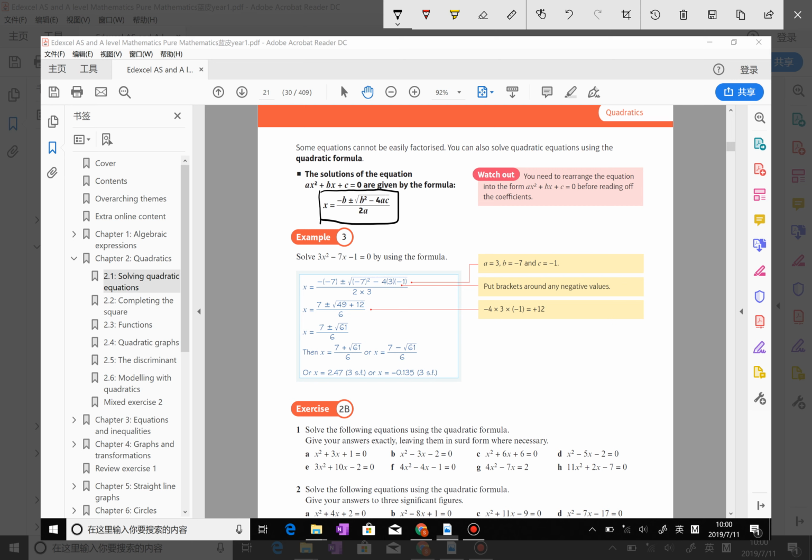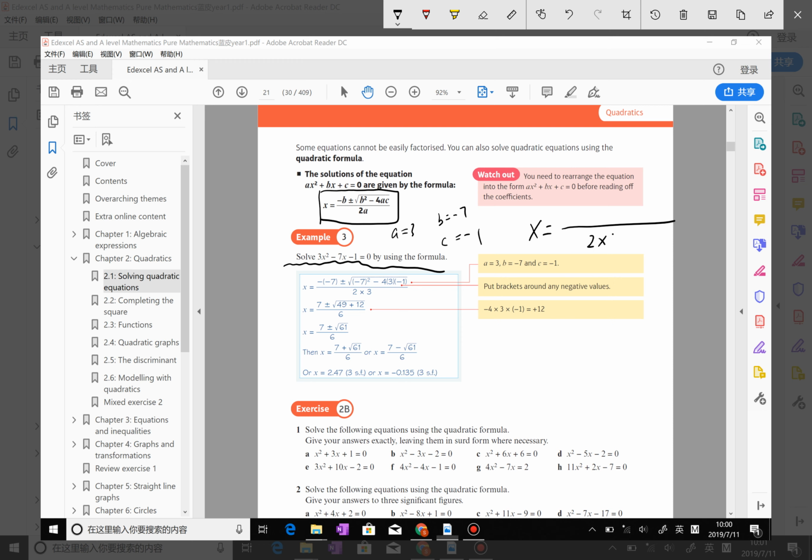Let's try this formula for example 3: 3x squared minus 7x minus 1 equals 0. We find there's no way to factorize it, so we use the formula. Here a equals 3, b equals negative 7, c equals negative 1.